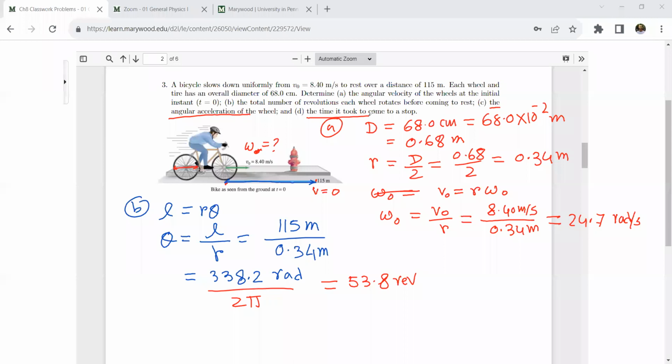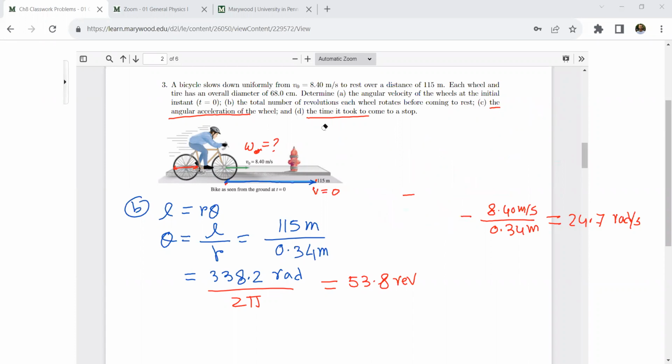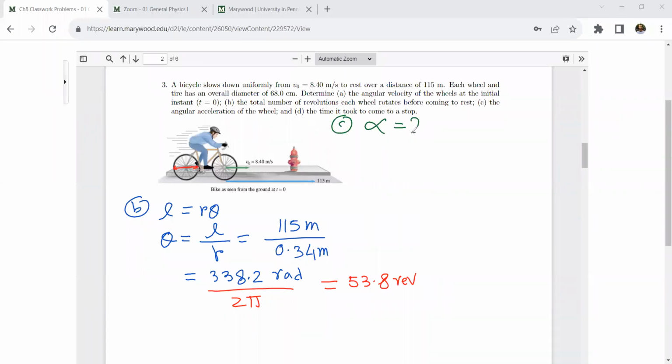Let me erase this part. All right, so here in number C, I am interested in alpha. Alpha can be determined from this equation, omega squared equals omega 0 squared plus 2 alpha theta.